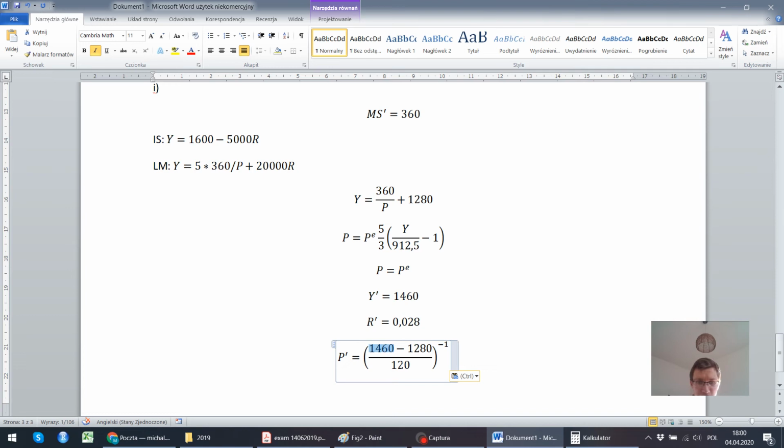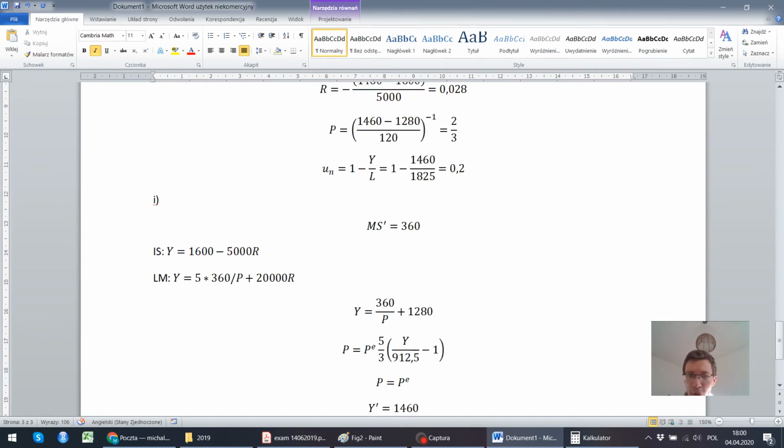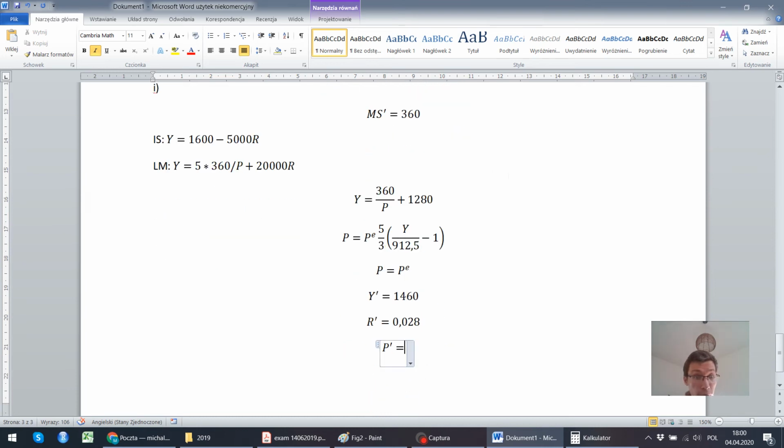What will change is this number over here. I'll compute it from scratch so that I don't make a mistake myself. Sometimes it's better to take the longer road, but to be sure that what you compute is correct. So on the left-hand side, what we have is 1460 minus, we use the LM curve, 20,000 times 0.028.